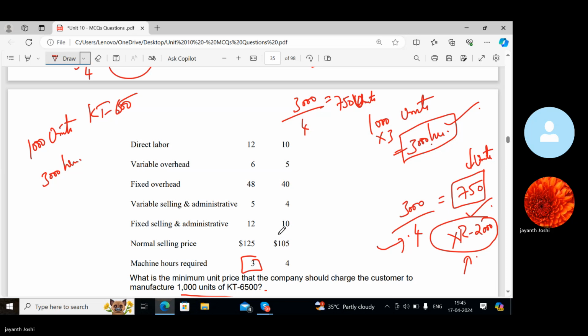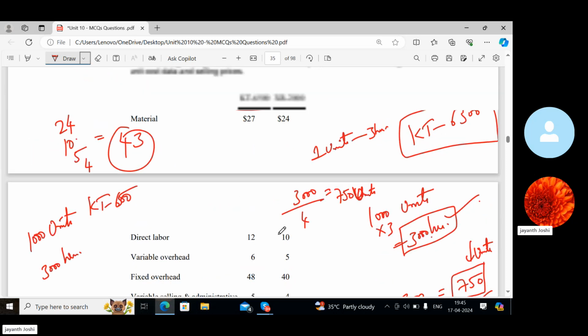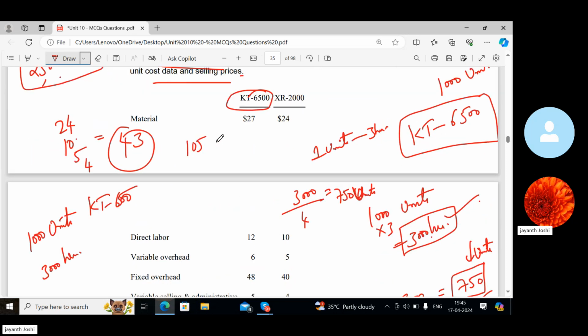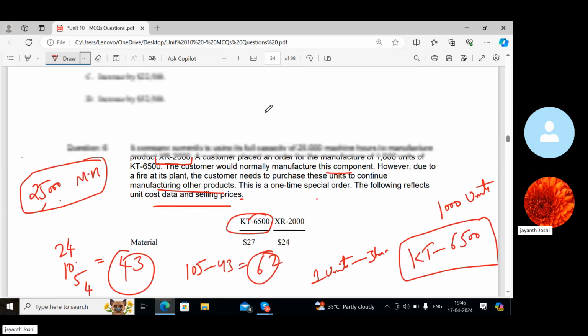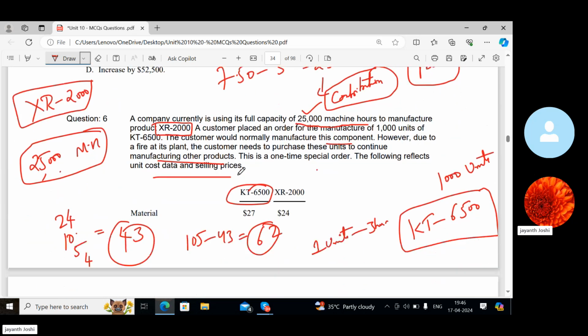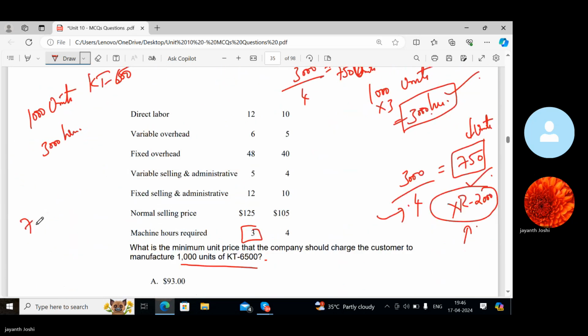So what is the contribution? 62. This is the contribution. So if they are taking a special order, they have to forego a contribution of 750 into 62.